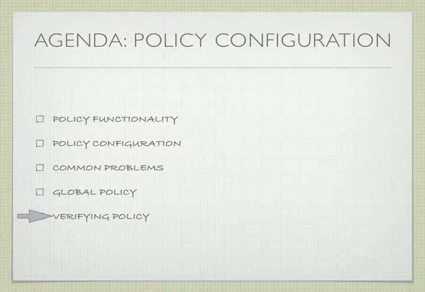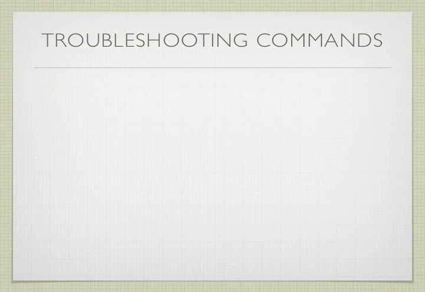Okay, verifying policy operations. There are some troubleshooting commands that we have available to us. You saw in the previous session the debug flow basic made a lot of references to the policies that are being executed.